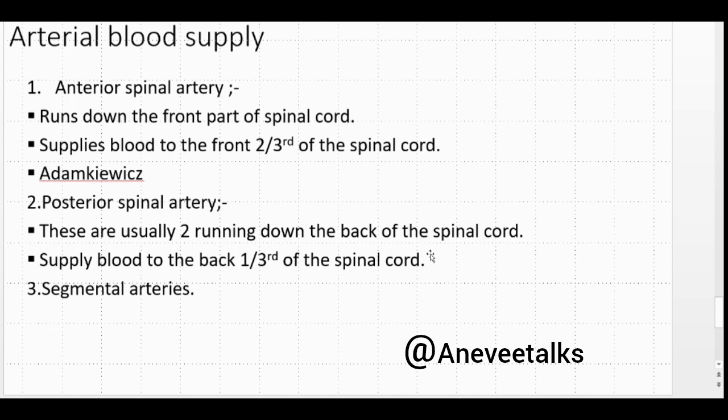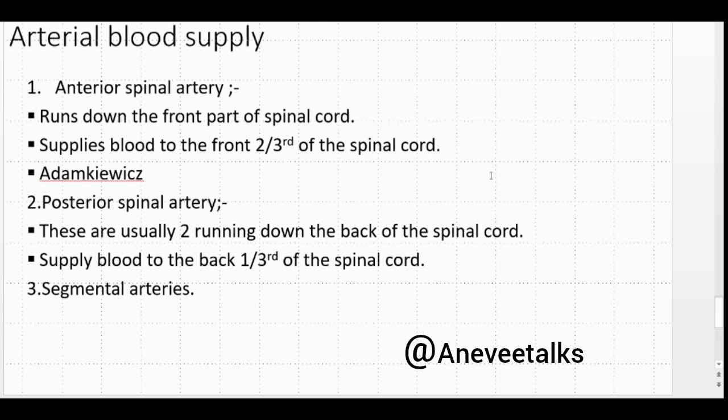Next, when it comes to the arterial blood supply, there is no need to remember extra things. Just remember, the spinal cord is supplied by two main arteries: the anterior and posterior spinal artery. Think of this as the spinal cord. This is the anterior spinal artery, and this is the posterior spinal artery.